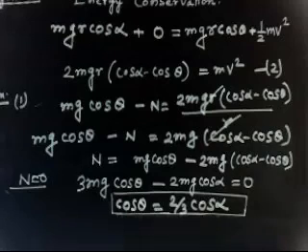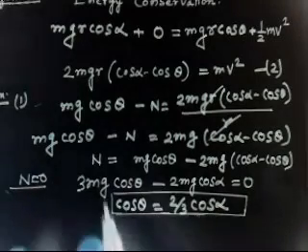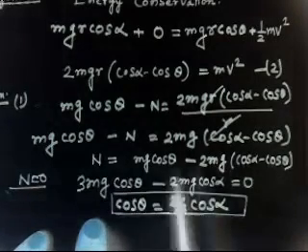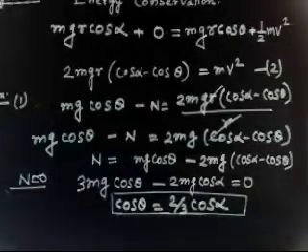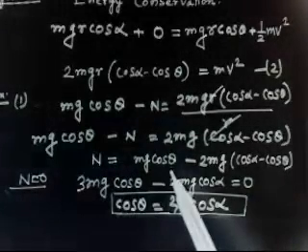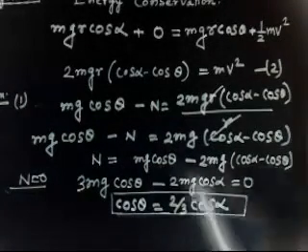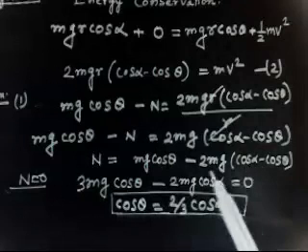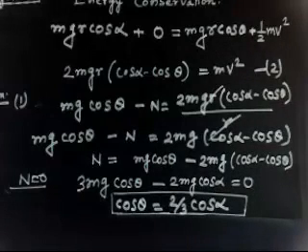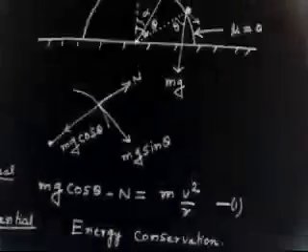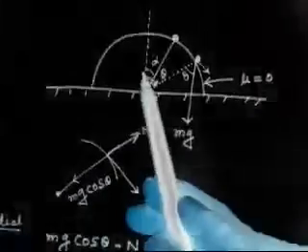Now the radial direction motion I know. A normal reaction term comes there, and if I plug in the value of v square I will get the normal reaction. You see, the normal reaction is a function of theta. If you want, you can plot it. The normal reaction is basically a function of cos theta. If theta increases, the normal reaction decreases. It is 3 mg cos theta minus 2 mg cos alpha. This means there is more chance of leaving as it goes downward.